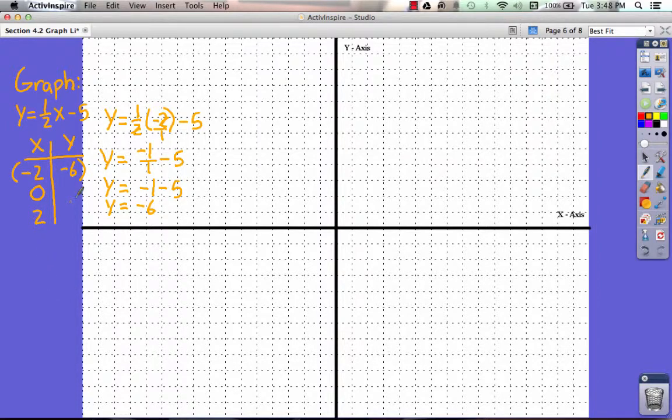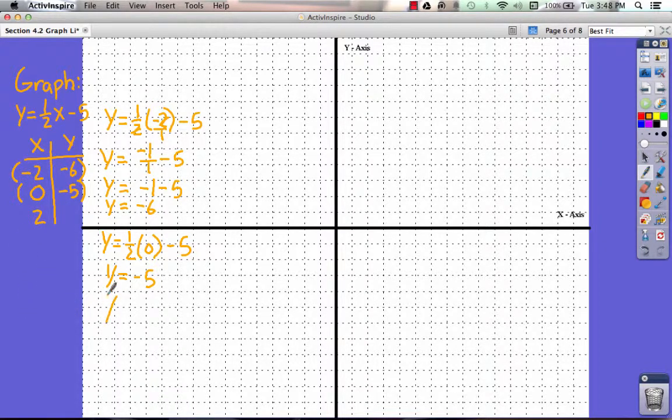Now we're going to plug 0 in. If I plug 0 in for x, that's going to give me y equals 1/2 times 0 minus 5, which means this cancels out, so y equals negative 5. The corresponding y value for the x value of 0 is negative 5. Now let's plug in 2.